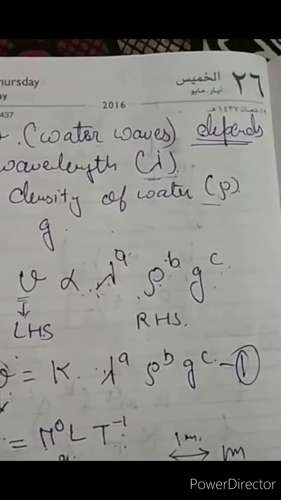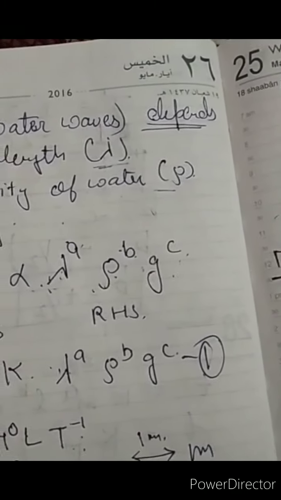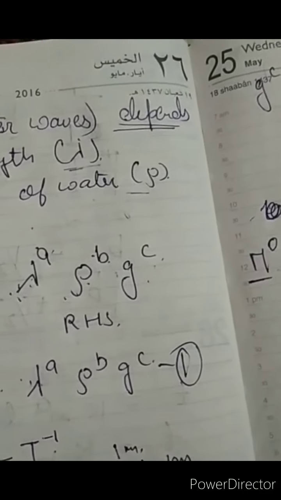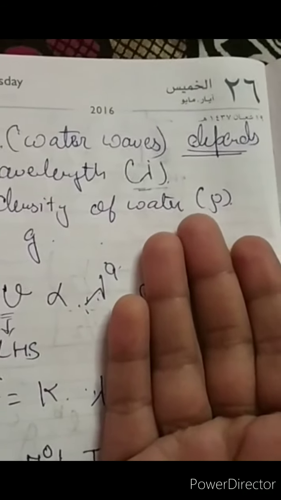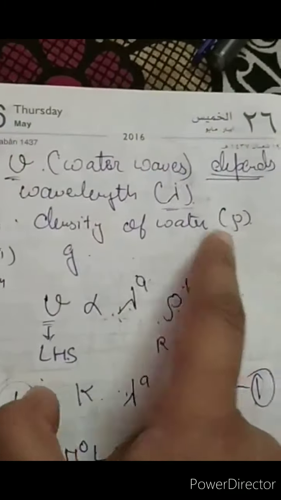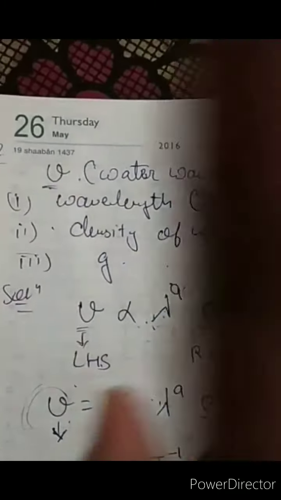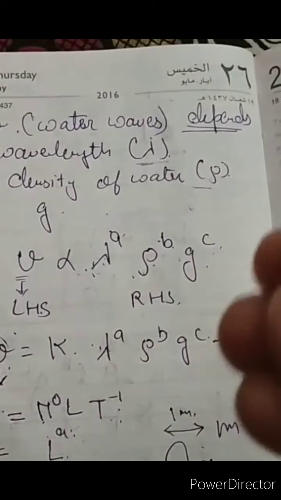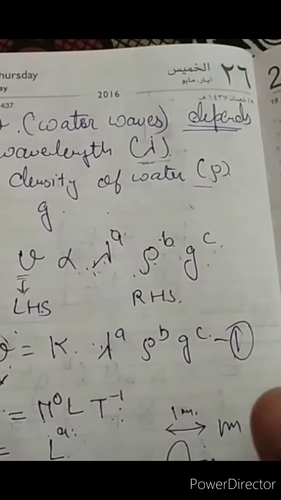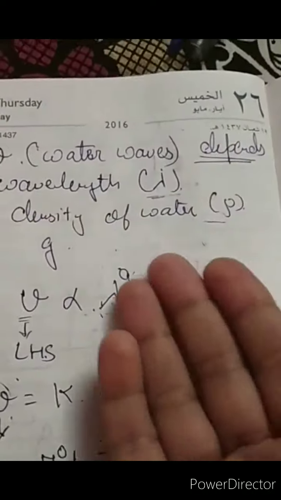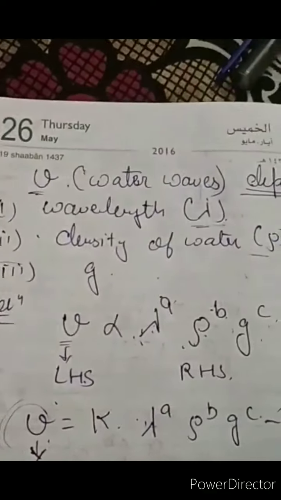If you are talking about water, there will definitely be a term of density of water. So we said velocity depends on lambda, density, g. But if you think about certain parameters, you can even go with mass, you can say velocity depends on the mass also.